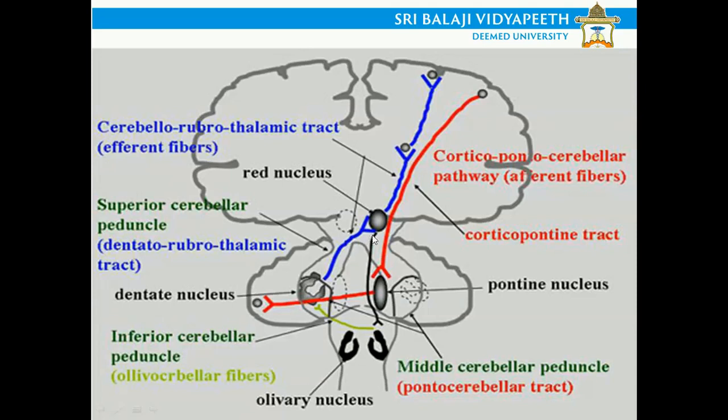Okay, and the relay is in the thalamic area, as it is passing through the red nucleus and then passing through the cerebellum. Right. You also have the corticopontine fibers from the cortex to the pons directly. These are the fibers of the middle cerebellar peduncle, the pontocerebellar tract, and the black ones that I've marked here are the olivary nucleus. Okay, and this area is called the inferior cerebellar peduncle.